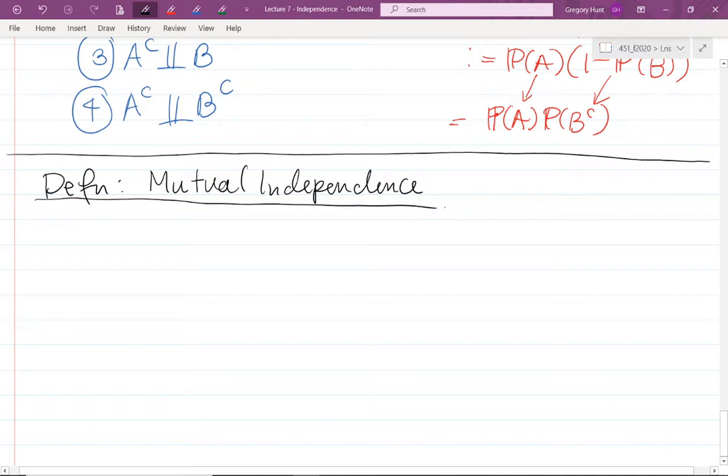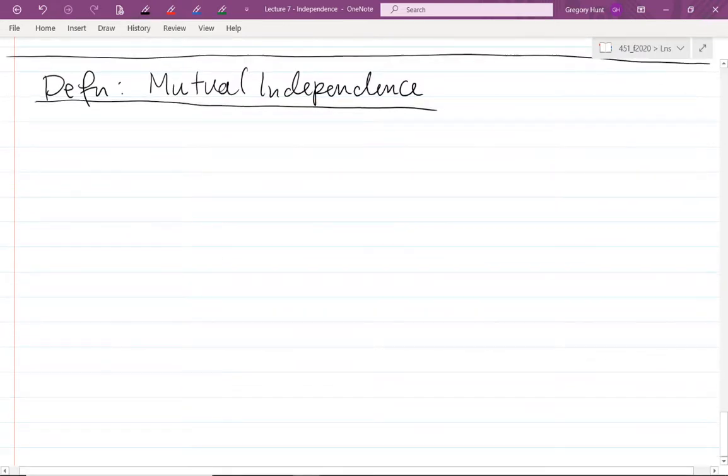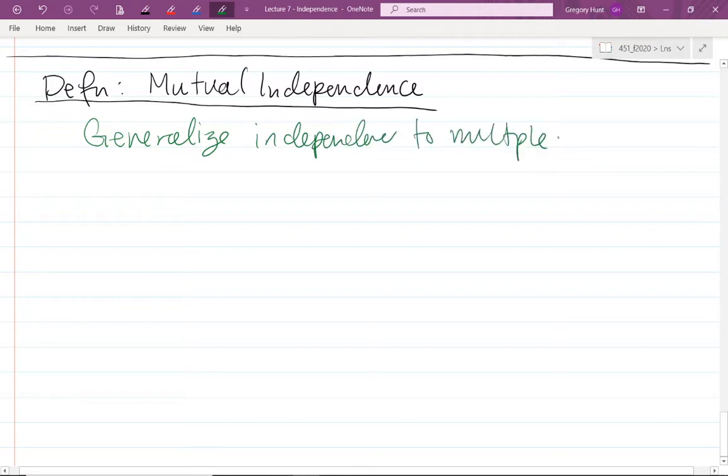Oftentimes we will drop the word mutual, but this is really what we mean. So this is a formal way: mutual independence is going to generalize independence to multiple events.